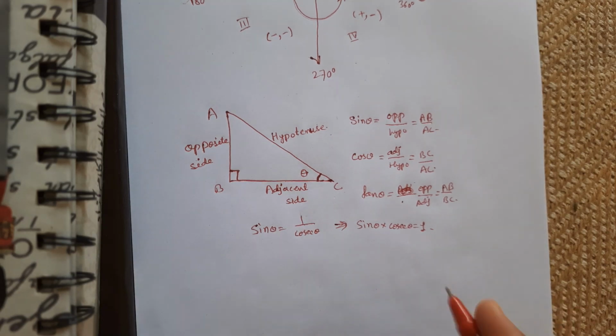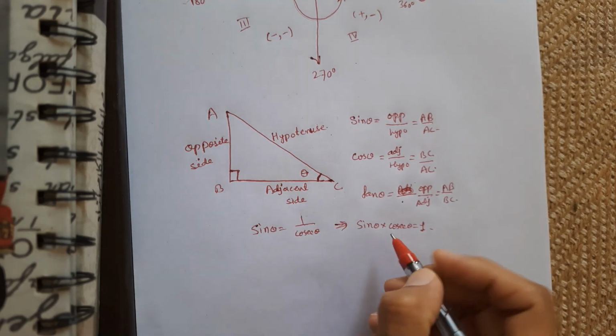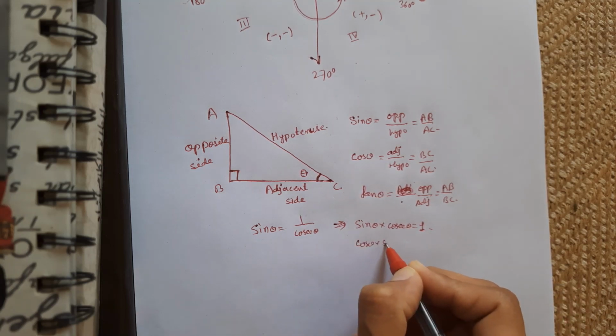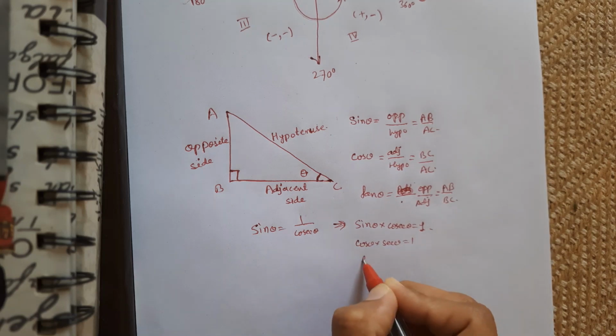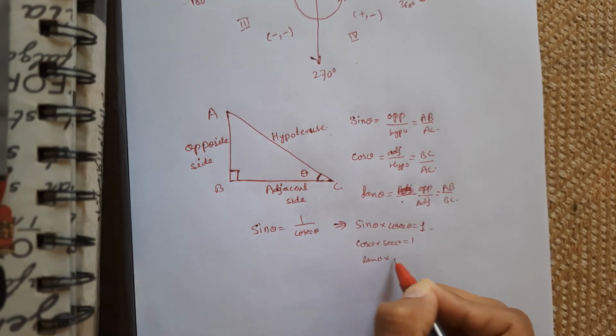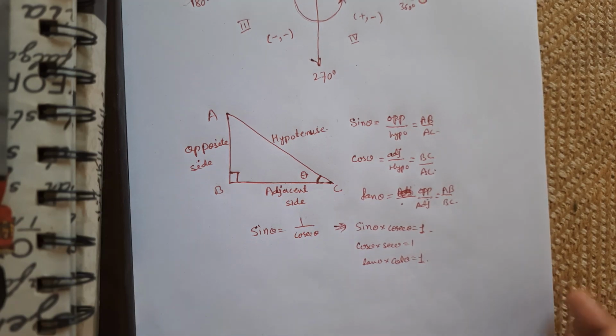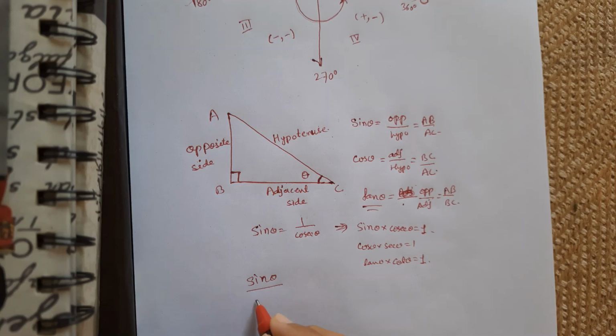Similarly, cos theta into sec theta is 1, and tan theta into cot theta is 1. We also know that sine theta upon cos theta is equal to tan theta.